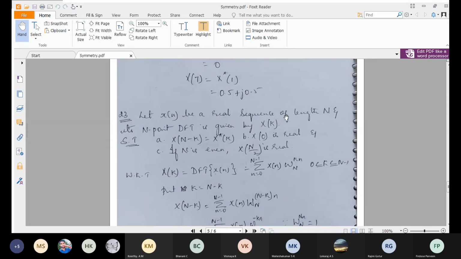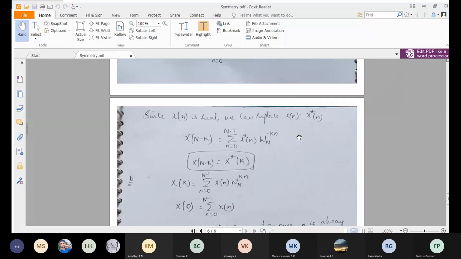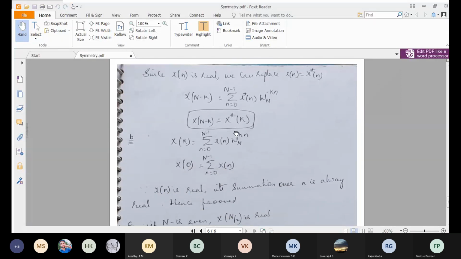We should show that X of 0 is always real. You know that X of k is the summation n equal to 0 to N minus 1 of x of n, W_N to the power of kn.